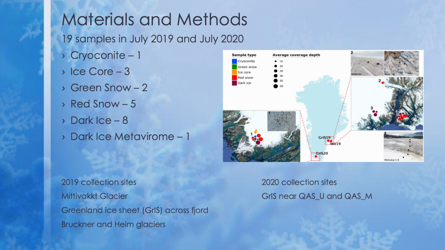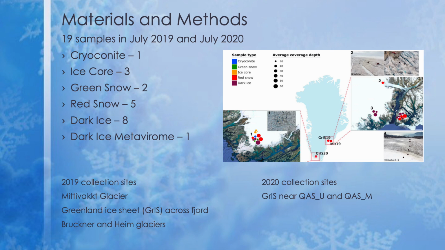In 2019, samples were collected from 3 locations on the southeast of the Greenland ice sheet. Location 1 was on the Miktivakt Glacier, an independent glacier separated from the Greenland ice sheet on the Ammassalik Island.